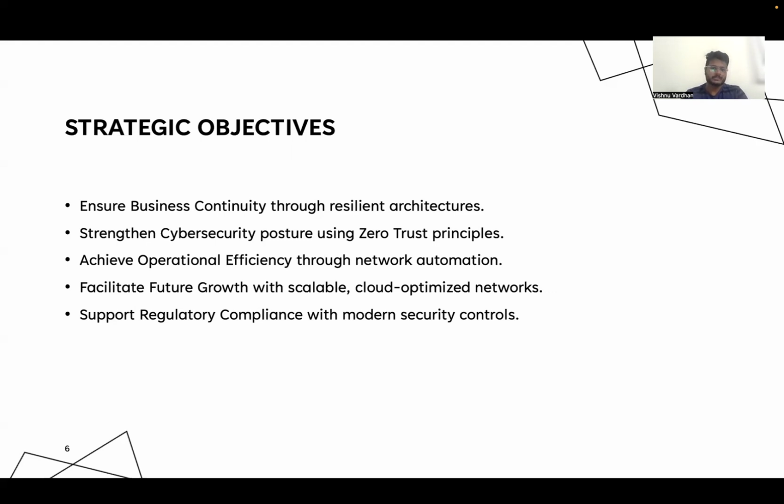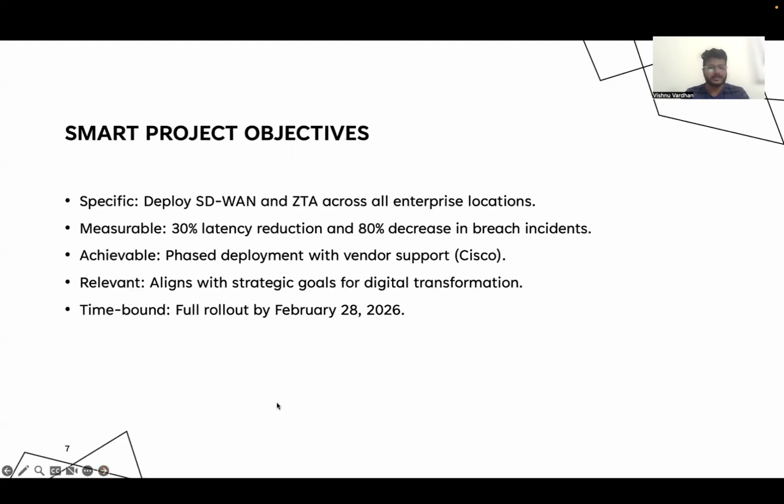Coming to the next one, SMART objectives. We framed our project goals using the SMART model. Specifically, we aimed to deploy SD-WAN and zero trust across the enterprise. We set measurable goals like reducing latency by 30% and lowering breach incidents by 80%.